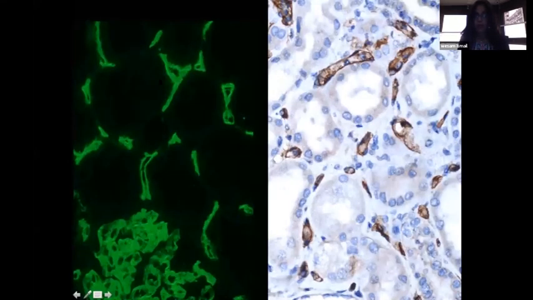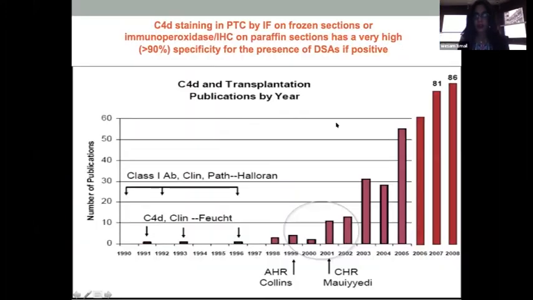If we have C4d, this is how it looks with immunofluorescence, as you can see on the left, and on the right by immunohistochemistry. This is the positive brown staining exclusively on peritubular capillaries. This is also very strong evidence of DSA, where you might not need to do DSA testing.